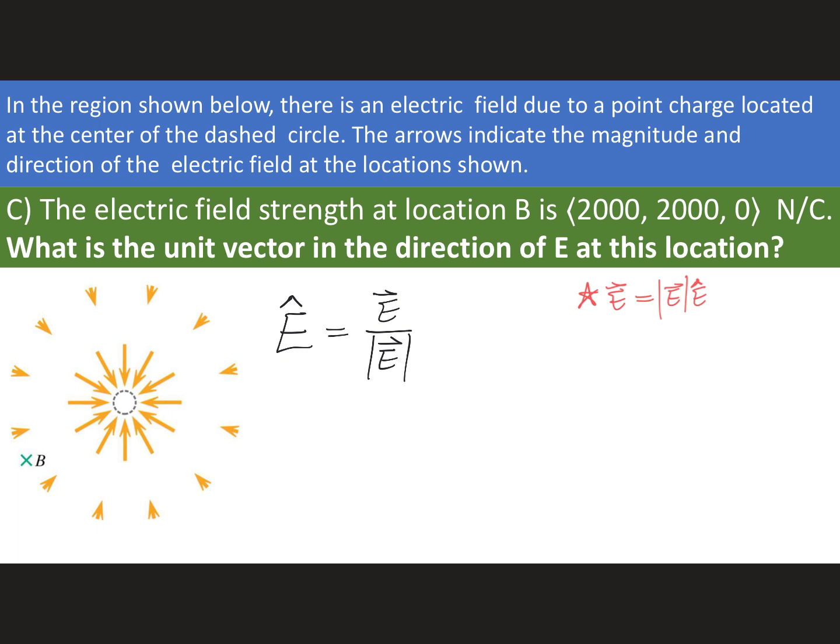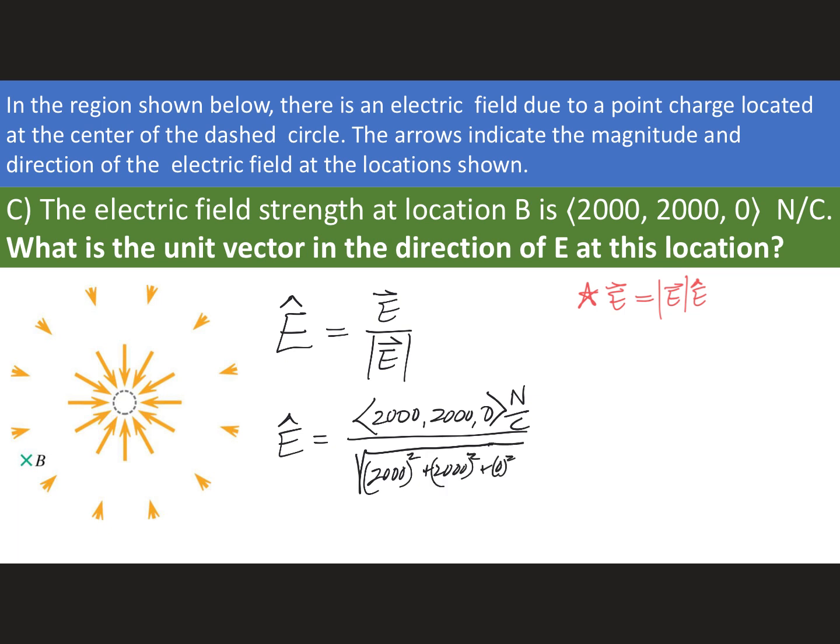So, what's the magnitude going to be? Well, we'll just kind of write it in place here. So E is just going to be this 2,000, 2,000, 0 newtons per coulomb. And then you're going to have the square root of 2,000 squared plus 2,000 squared plus 0 squared, as if we need to write it.